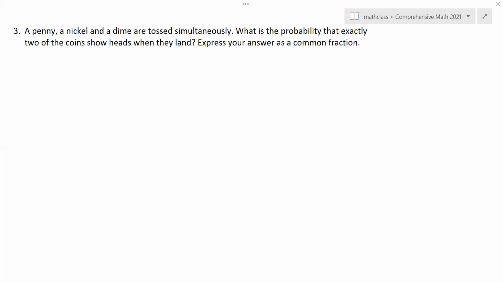Exactly 2 of them. So in other words, exactly one of the coins shows tails, right? So you can think of a different way to solve this problem. Can you figure it out?